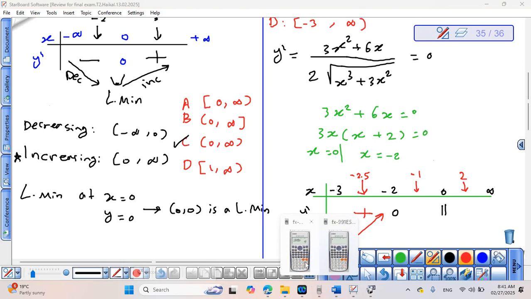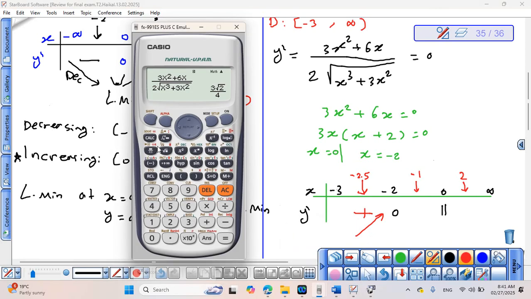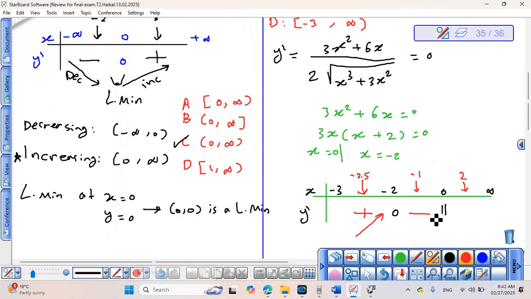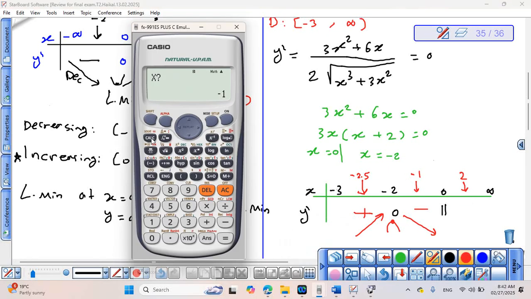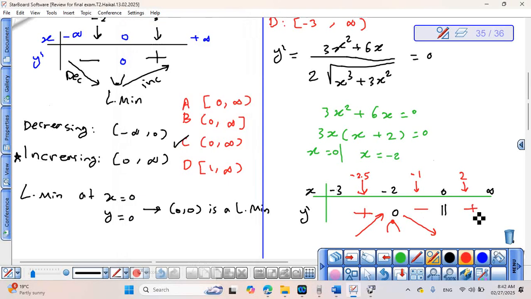Also a checkpoint for the next point, negative 1, to get the answer. Here it is negative, that means decreasing, so this is a local maximum at this point. Also calc the next one, the answer is positive, so it goes increasing, going up.